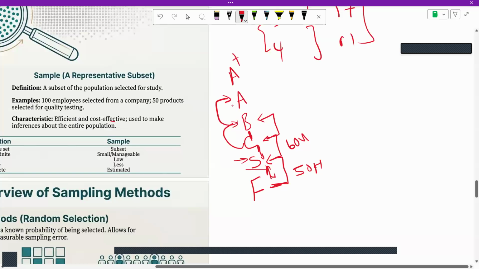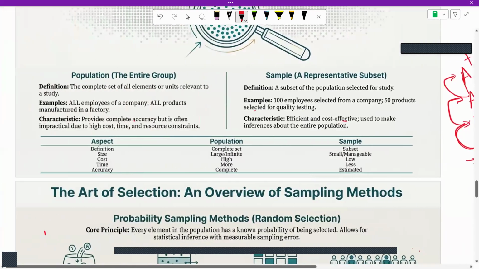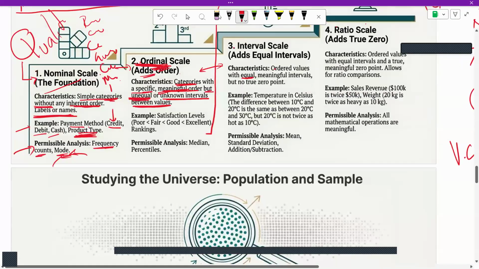B to A is very hard, much harder than C to B. And A to A plus is very, very hard. The intervals are not equal. Very good to excellent is very hard. So the intervals are unequal. That's the thing I want to emphasize.